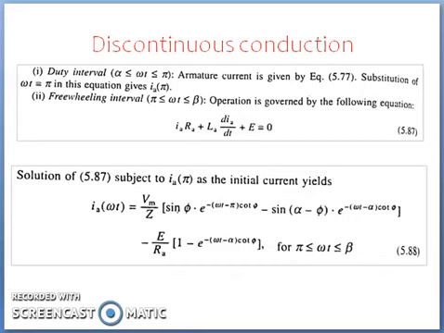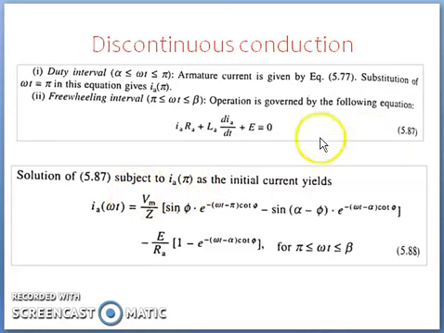Now, for the second mode, the freewheeling interval between pi and beta, the operation can be explained using the equation Ia Ra plus La dIa by dt plus E equal to 0.